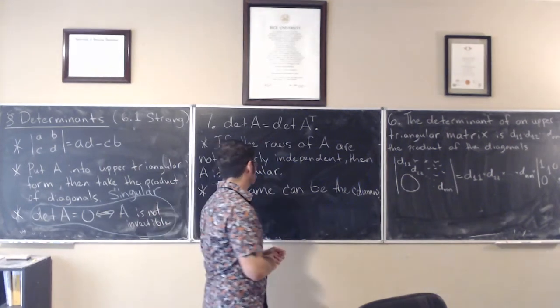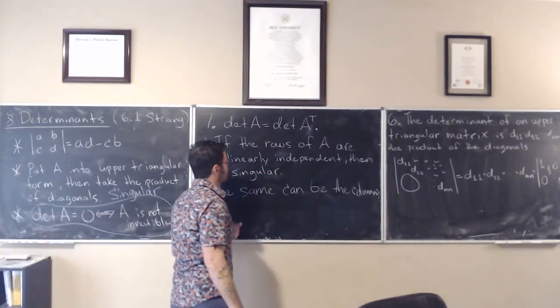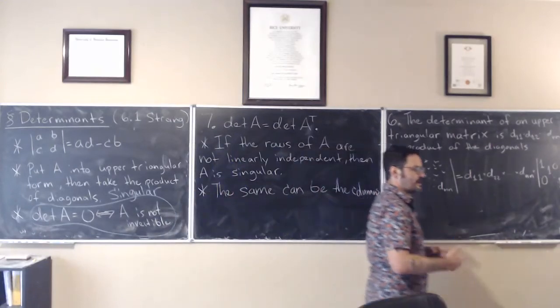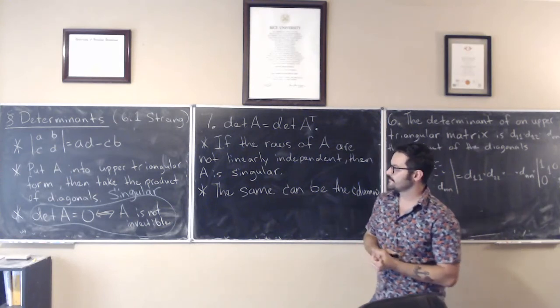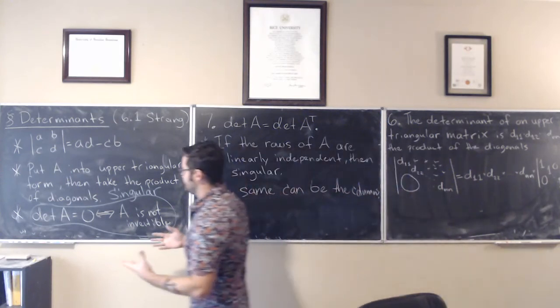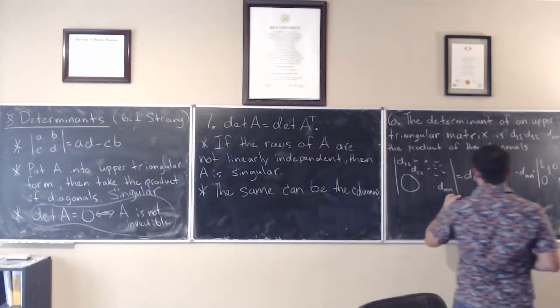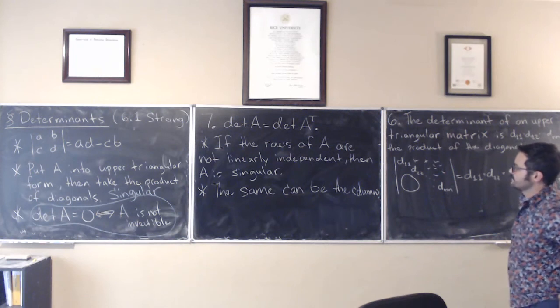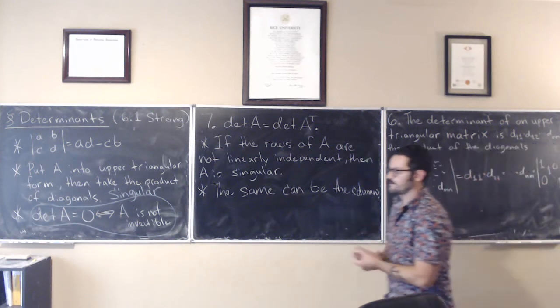If the determinant is non-zero, then we can invert it. These are biconditional statements, by the way. Then also, this formula here tells us how to compute the determinant, which will be important when we start talking about eigenvalues.